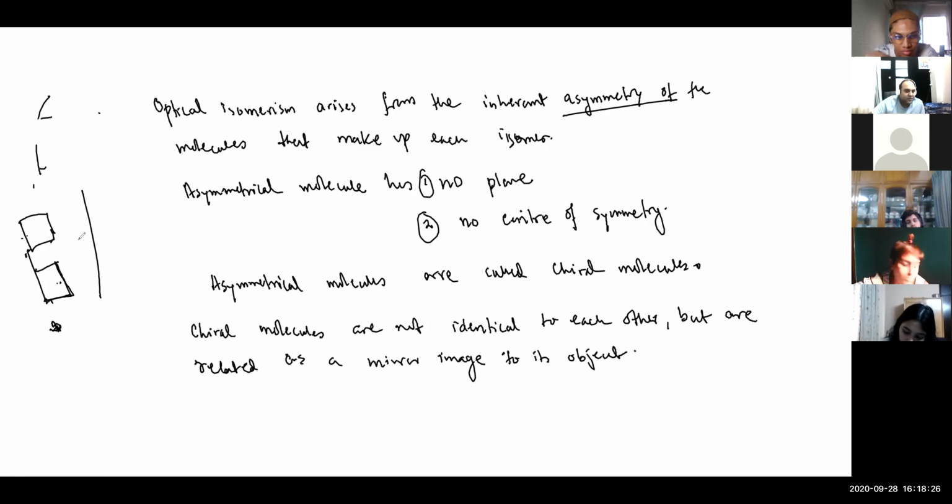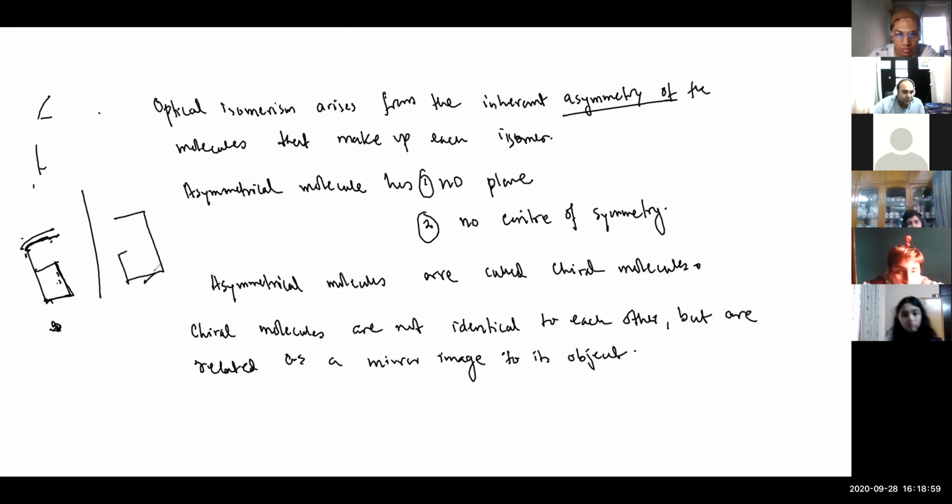If you see it in a mirror, you'll get a reflection. If you rotate that reflection and sit on it again, it's going to superimpose. But imagine a right-handed chair and a left-handed chair. This is a right-handed chair, this is a left-handed chair.